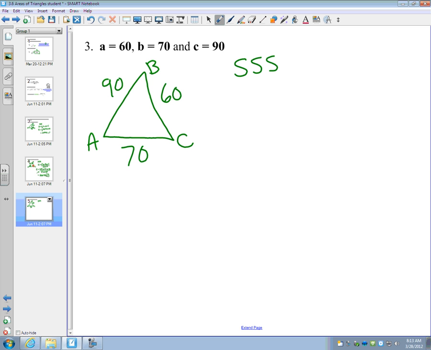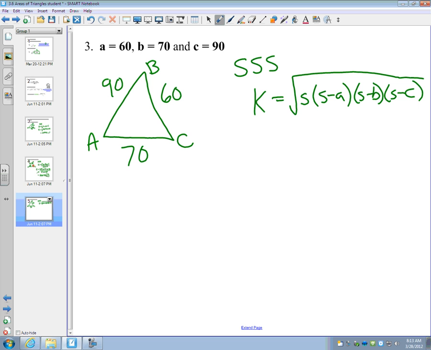Looking back at our formulas, we knew that side, side, side area was given by K is equal to the square root of S times S minus A, S minus B, S minus C. And S is equal to the sum of the sides divided by 2.